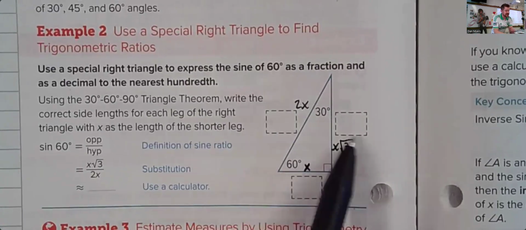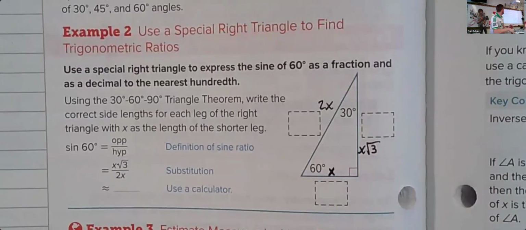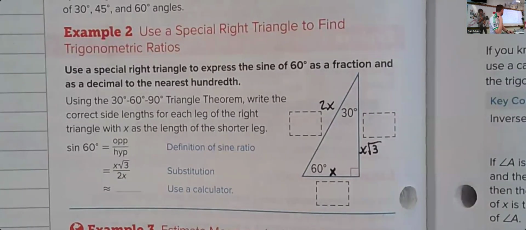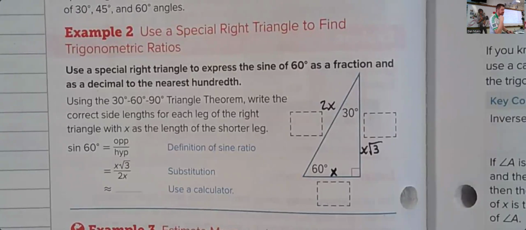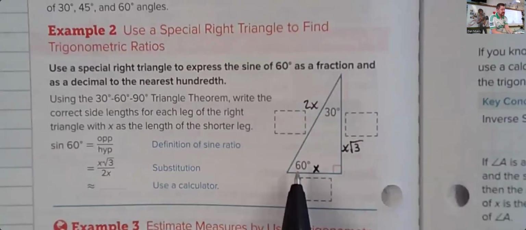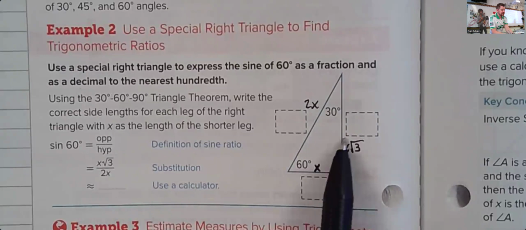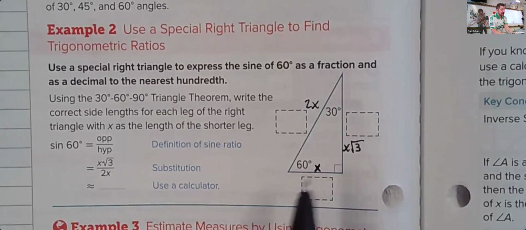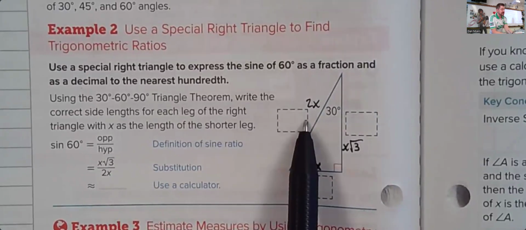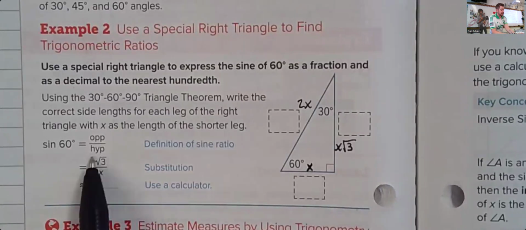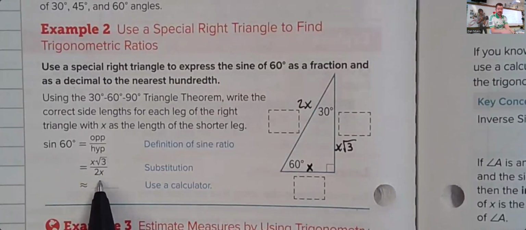We're actually going to put the decimals in here. The sine of 60 degrees is the opposite side across from angle 60 degrees, which is x times the square root of 3, over the hypotenuse, which is 2x. X root 3 divided by 2x.